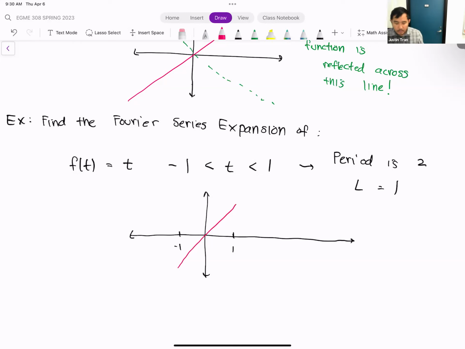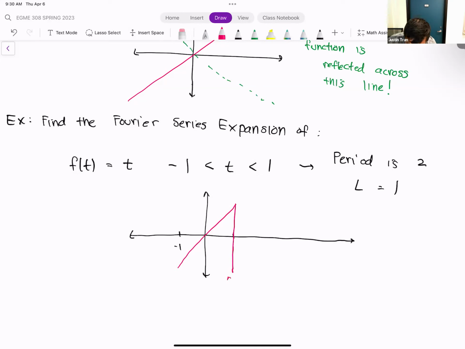We have just a linear line that goes up like that. But because this is a periodic function, once we get past t is equal to 1, then this exact pattern is going to repeat. So, it looks actually kind of cool. So once we get to 1, the function is going to repeat here.